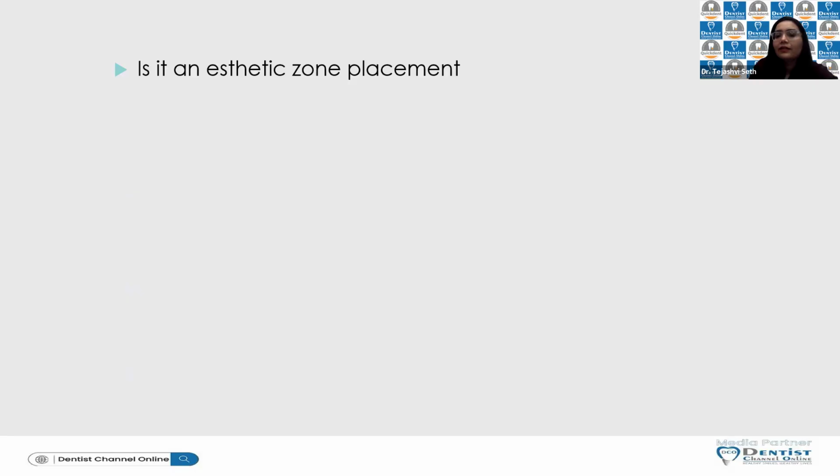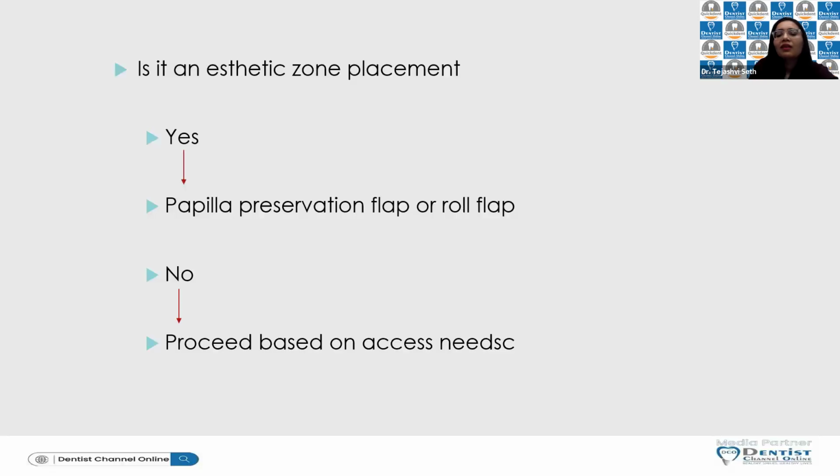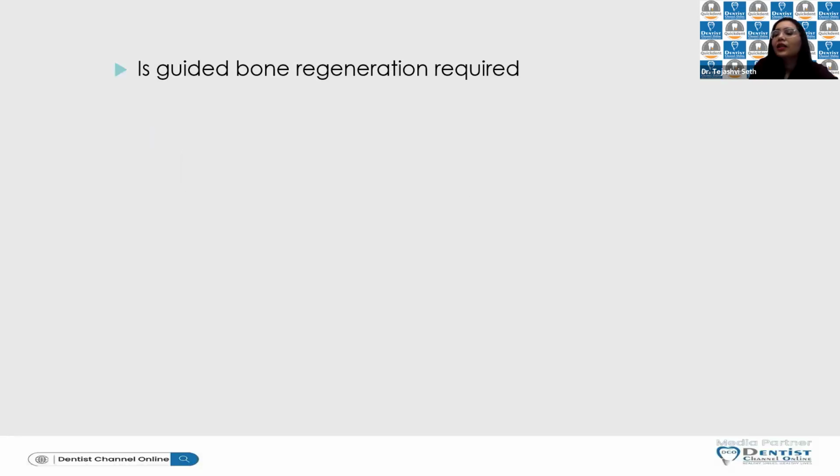If it is in the aesthetic zone, then there has to be a papilla preservation flap or roll flap to be done. If no, then based on your access needs, you can just go with any kind of flap.